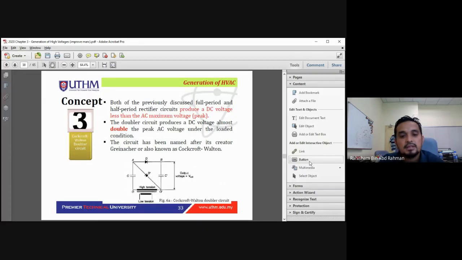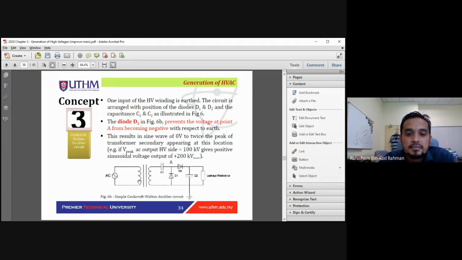And then we have the Cockcroft-Walton double circuit, in which we introduce the diode in this way, with 2 capacitors and 2 diodes. In this way, it will produce a voltage at double the input voltage.